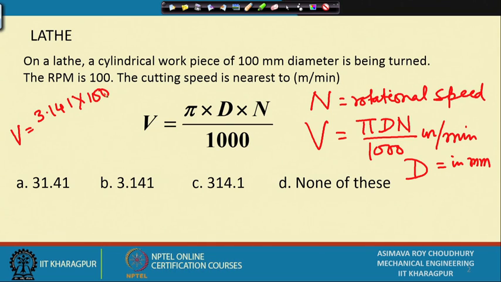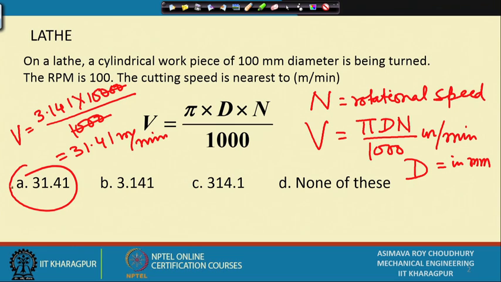What is the RPM? 100. So, another 2 zeros, pi d n by 1000. So, this goes out with this and we have 31.41 meters per minute. Okay. So, this is the correct answer.